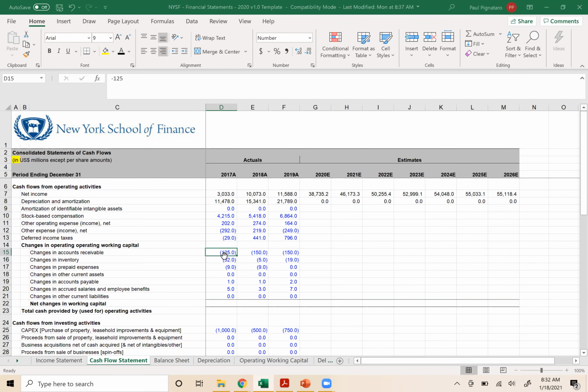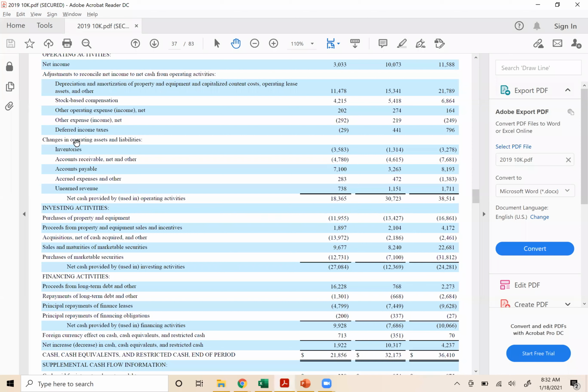Then we have a very important section that we've identified as changes in operating assets and liabilities, changes in working capital. One thing I talk about in the Walmart book that I recommend you read, and luckily to our benefit, it didn't come out in Amazon, is that sometimes companies aren't very good at identifying this section explicitly.